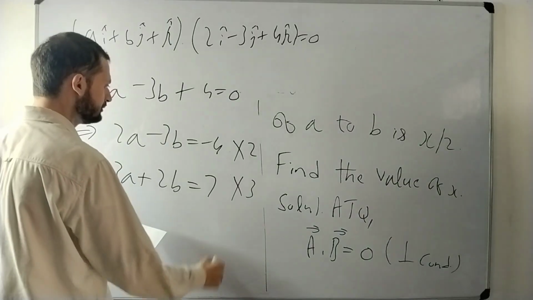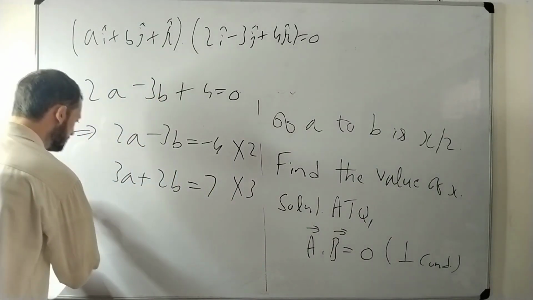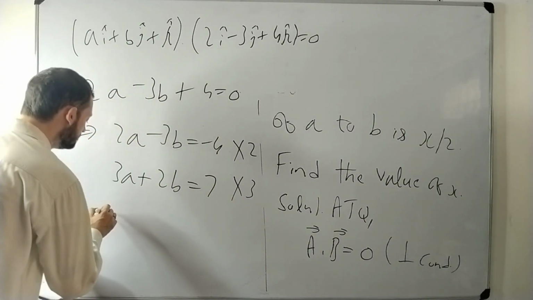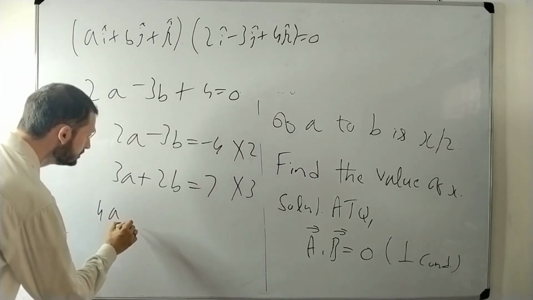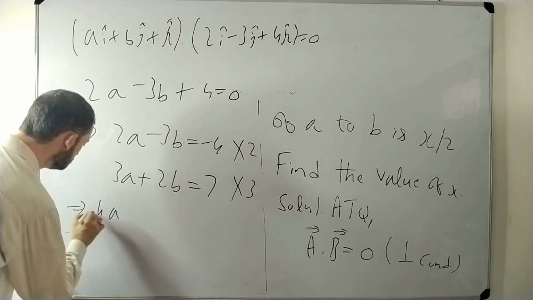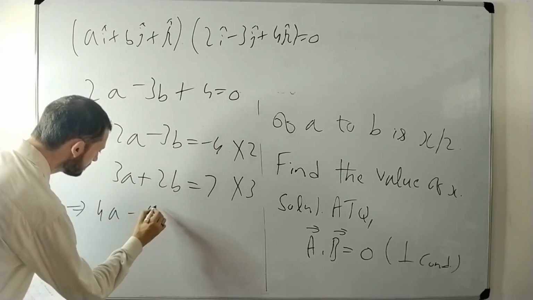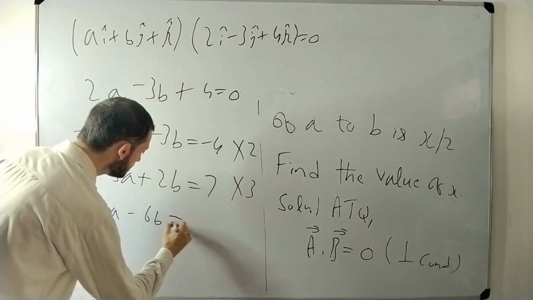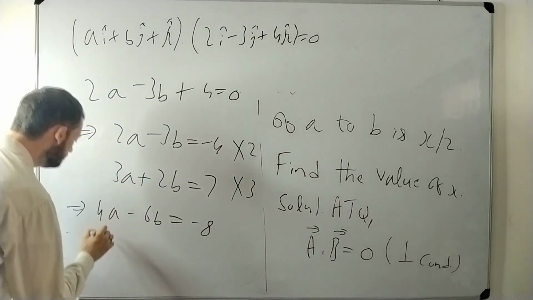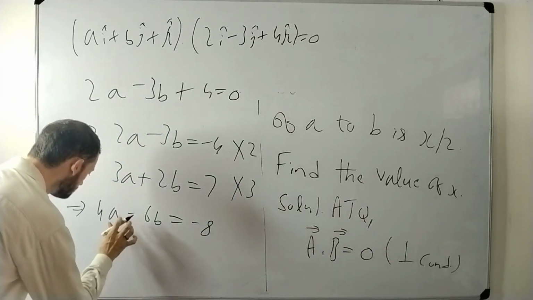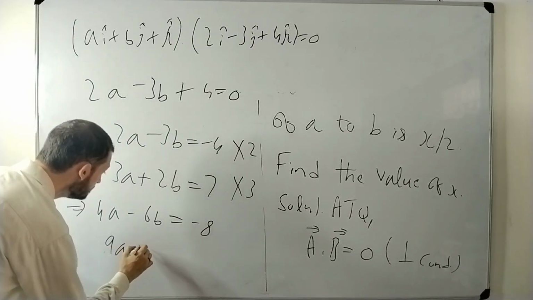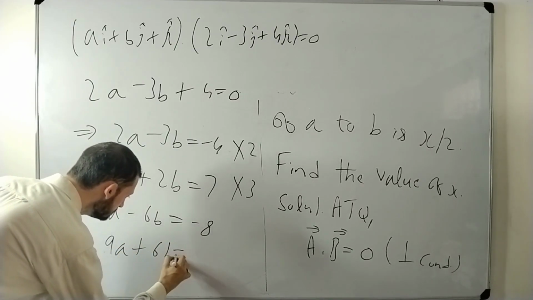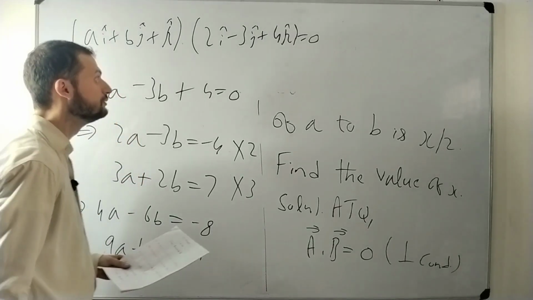Right student? Then this comes out to be what? This is 4a minus 6b equals minus 8. This is 9a plus 6b equals 21.